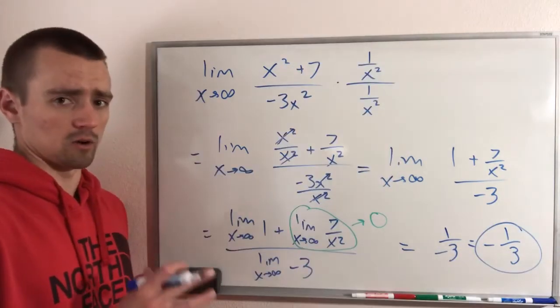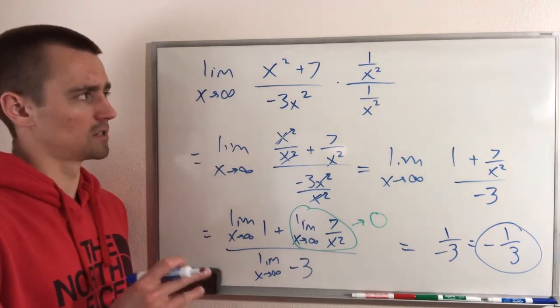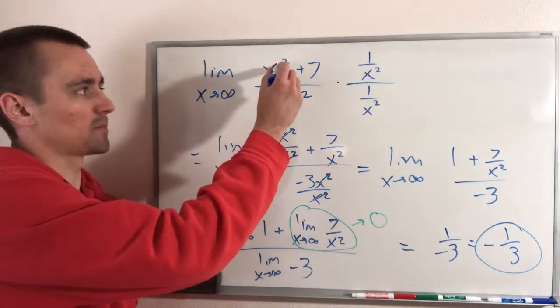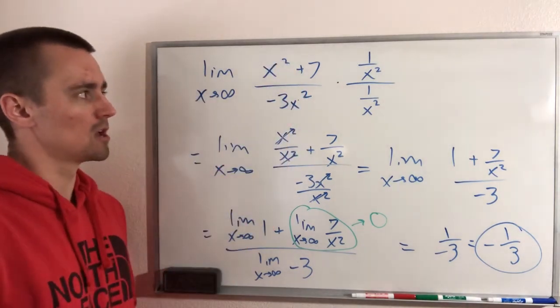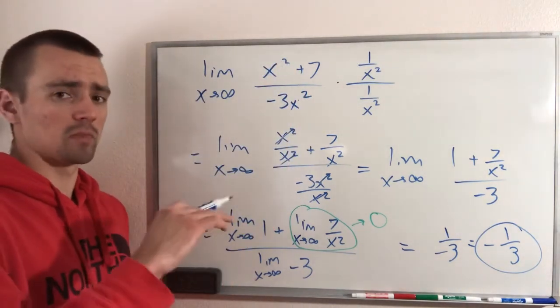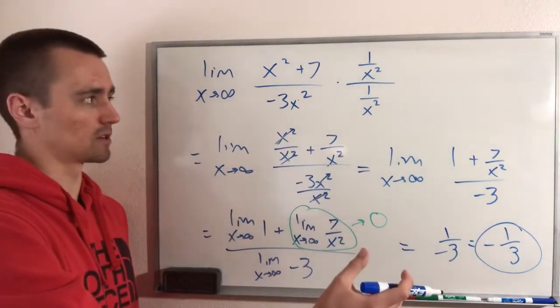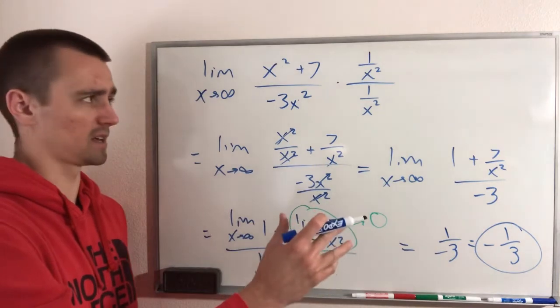This second category is when the degree of the numerator is the same as the degree of the denominator, right? The highest powered x is the same on the top and bottom. As x goes to infinity, all the lower powered x terms end up not really impacting anything.